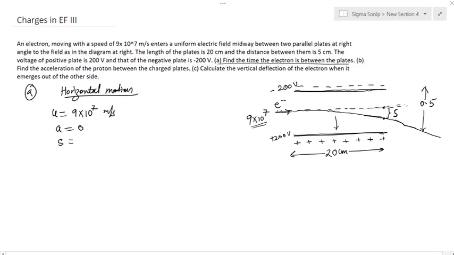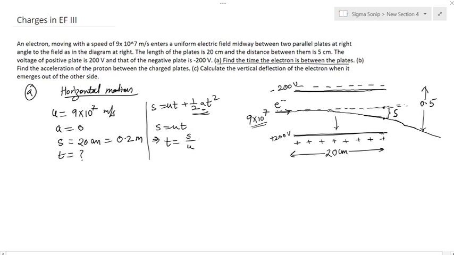The horizontal distance that needs to be covered is 20 centimeters, which is equal to 0.2 meters, and I need to find the time that it will take. Simple, I'll just use S equals ut plus half at square. A is 0, so this term becomes 0. S equals ut, and that will give you t equals S upon u.